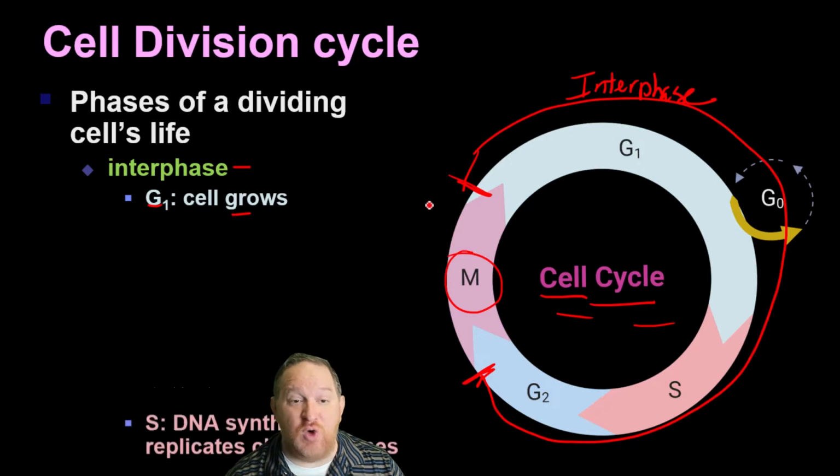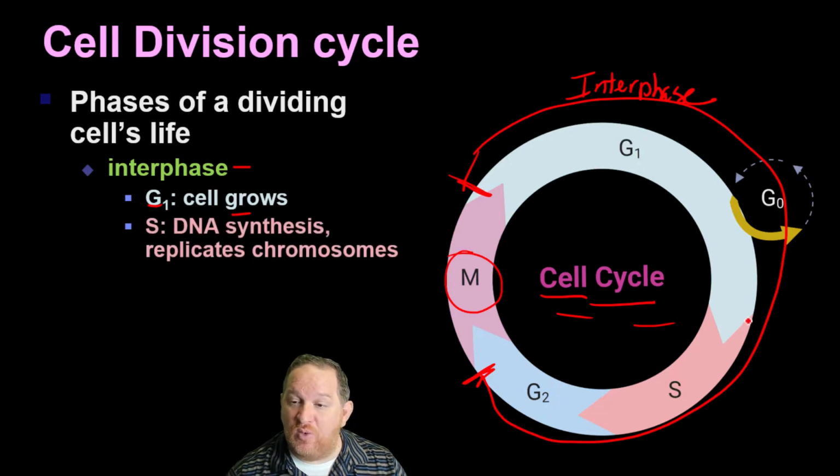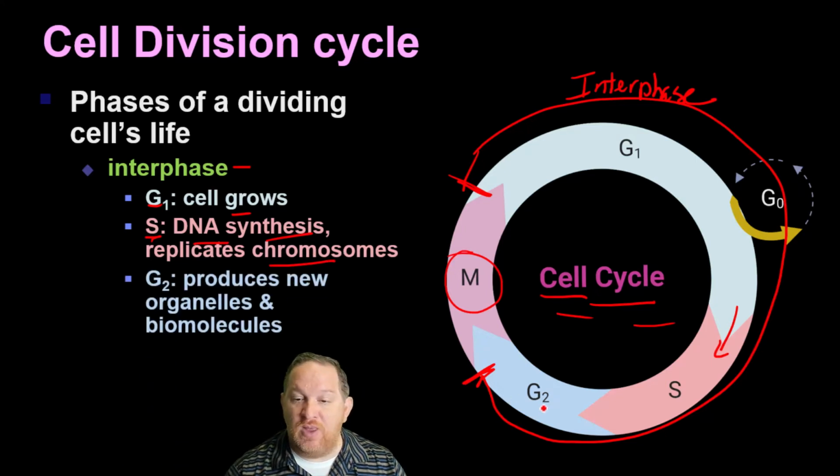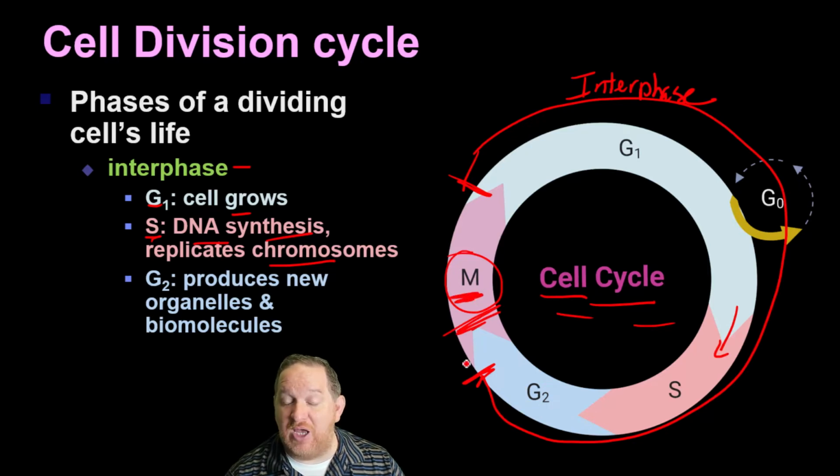The cell's just growing. Then we go into S phase. S phase, think synthesis. That's when our DNA is doubling or synthesizing, replicating our chromosomes, getting ready for division. Then G2, more growth. We're getting new organelles made, new biomolecules, because what's coming up? Oh, mitosis. That's when the cell's going to divide. So all of this is really about getting the cell ready for division.